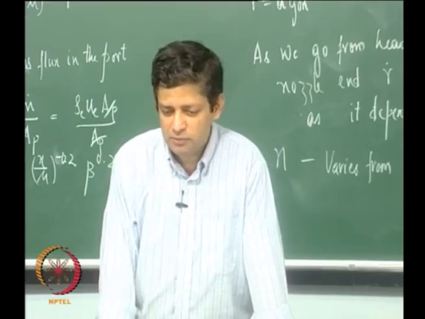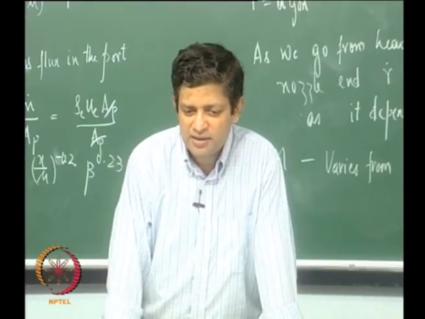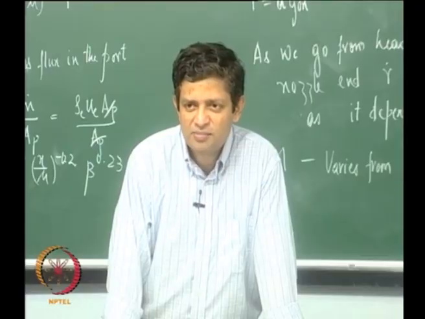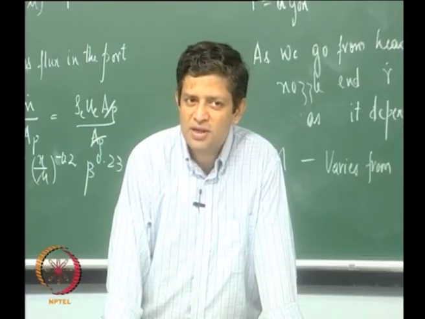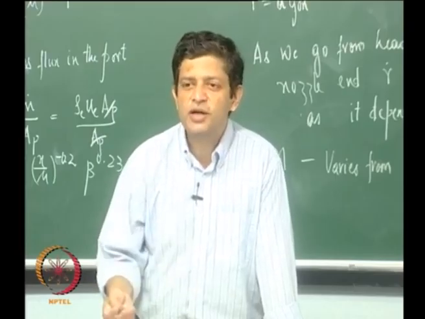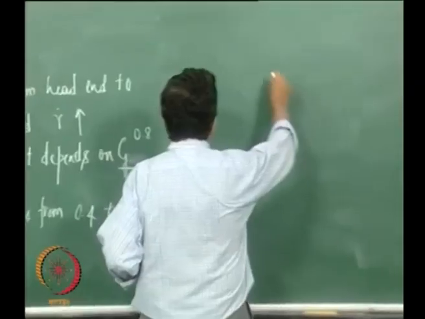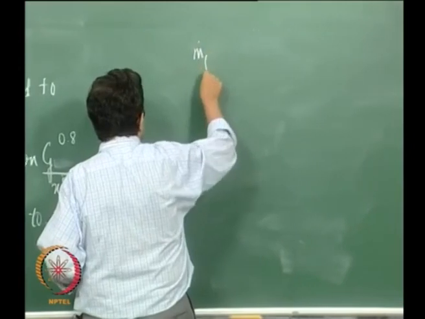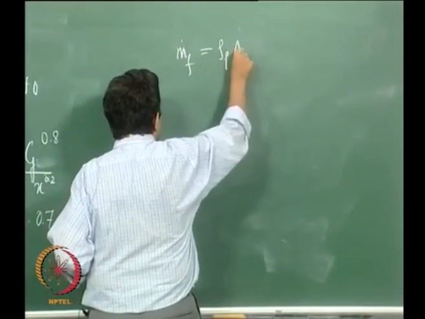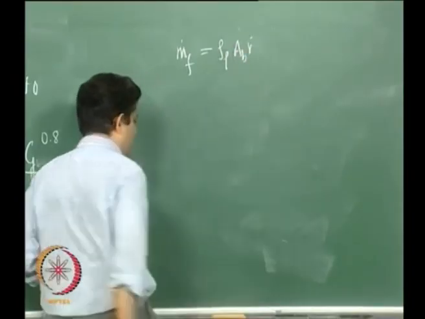Now let us look at whether there is any condition at which, if you hold the oxidizer mass flow rate constant, the fuel flow rate also becomes constant. We know that the mass flow rate of fuel is given by rho p A_B into R dot.